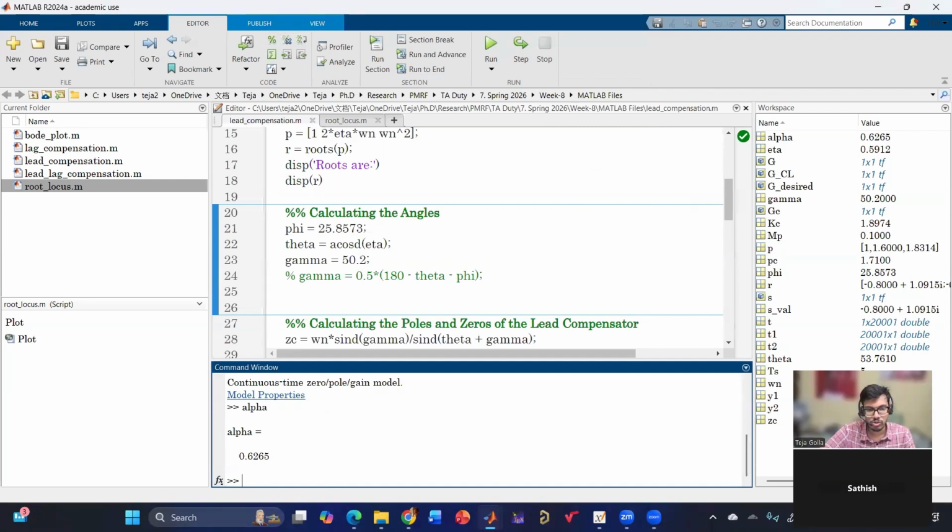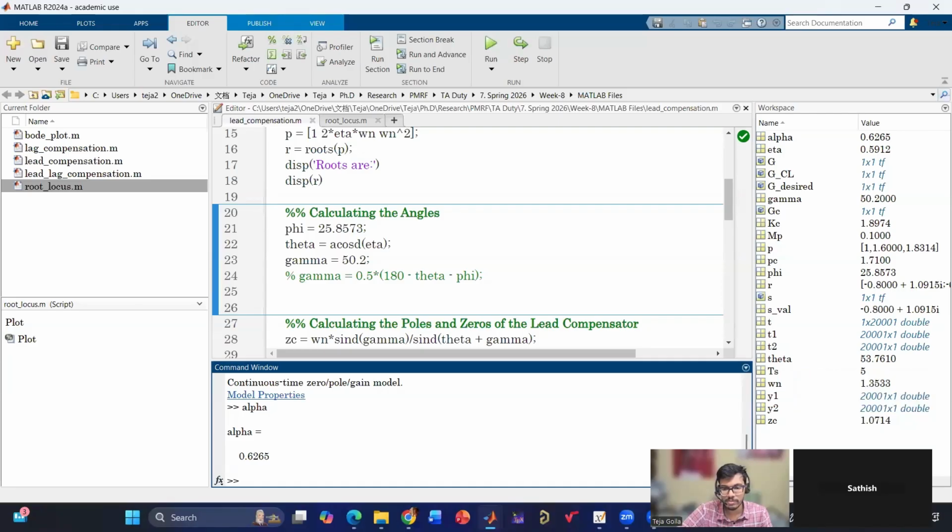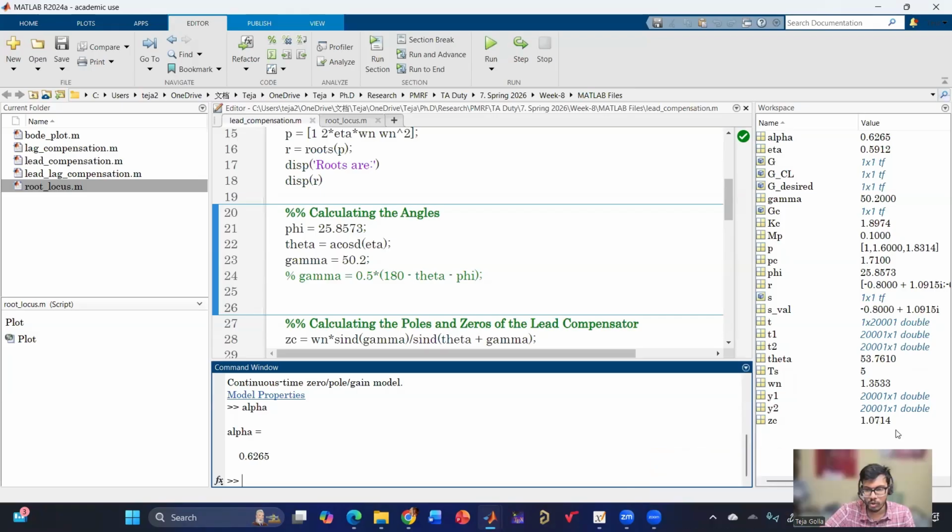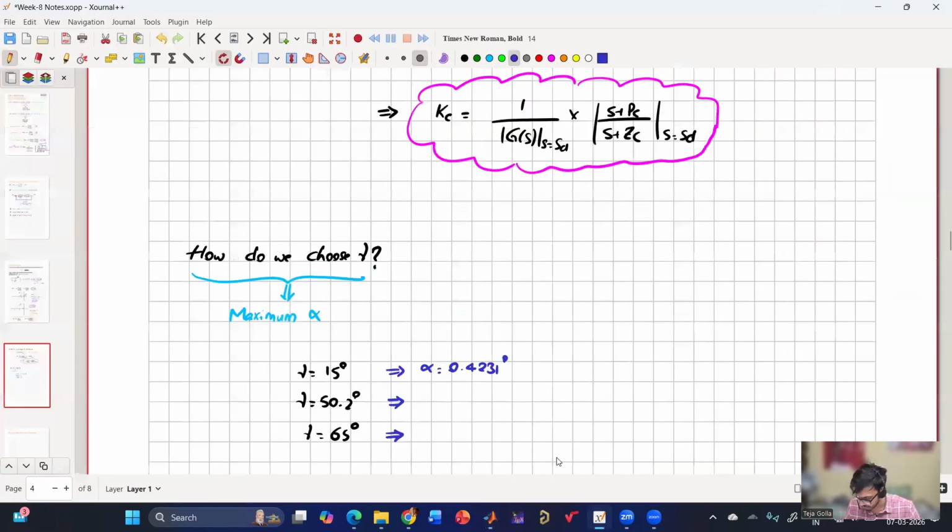My alpha has become 0.6265. Let me go back and write that: alpha is equal to 0.6265 degrees.